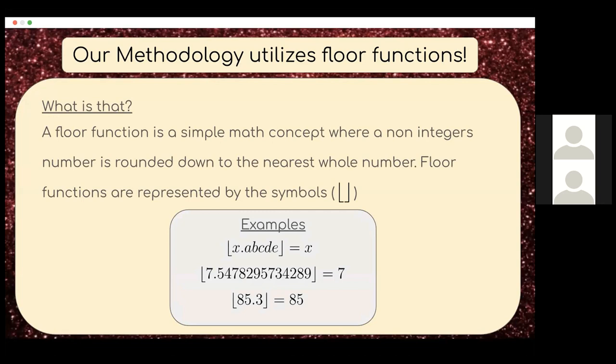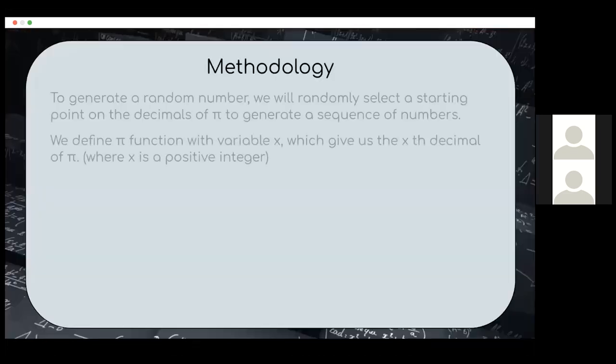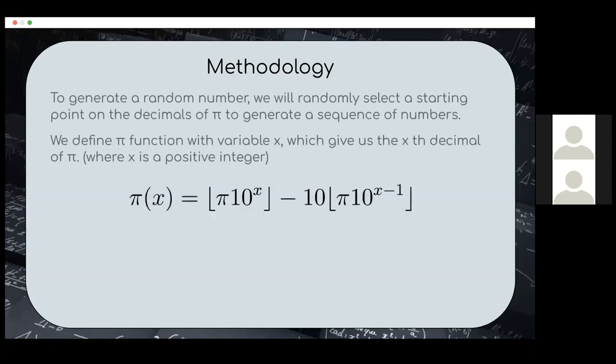So if you have, let's say, 7.547, you just round it down to 7. If you have something like 3.999, it will still round down to 3. So that's what the floor function does. So to generate our random number, we have to come up with something, right?